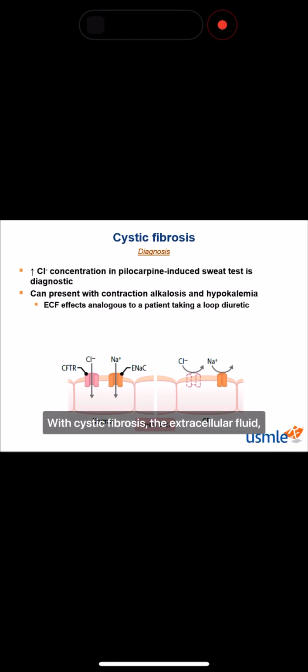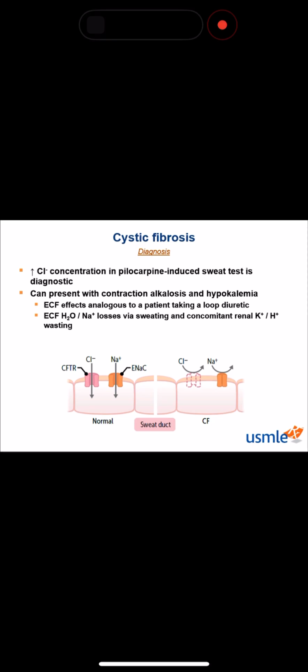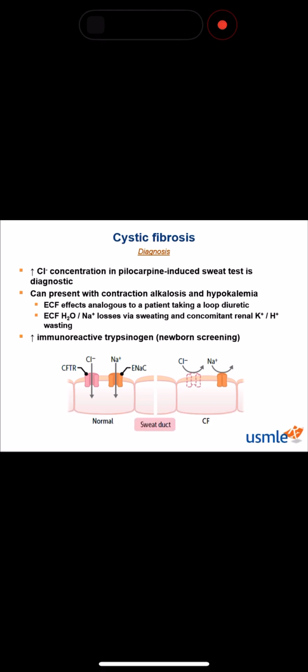With cystic fibrosis, the extracellular fluid, water, and sodium losses occur through sweating with renal potassium and hydrogen ion wasting. Cystic fibrosis can also be diagnosed on newborn screening by the detection of an increased immunoreactive trypsinogen.